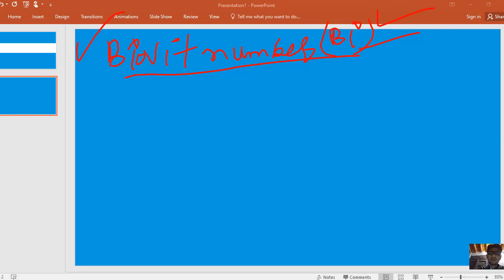So the Biot number is denoted by Bi, and it is nothing but the ratio between the convective heat transfer divided by the conduction heat transfer.